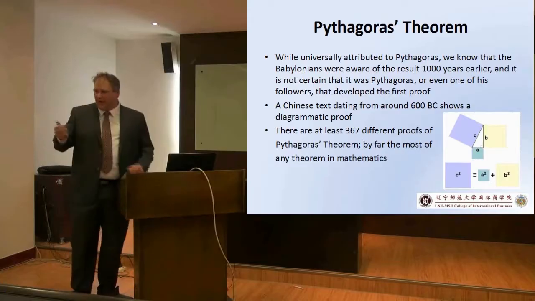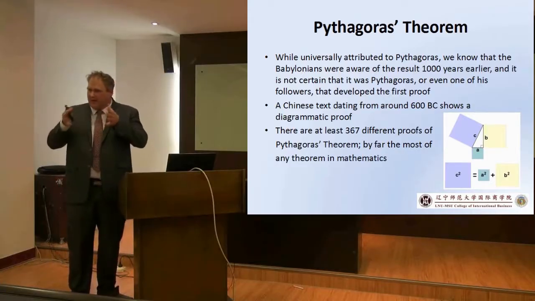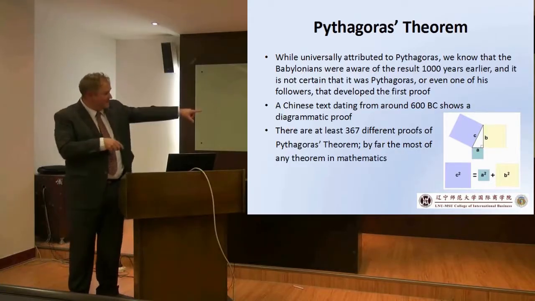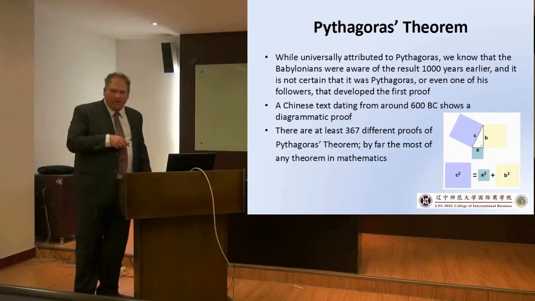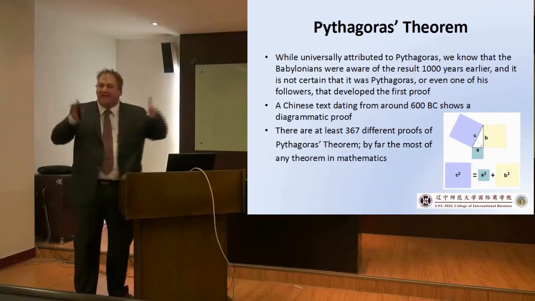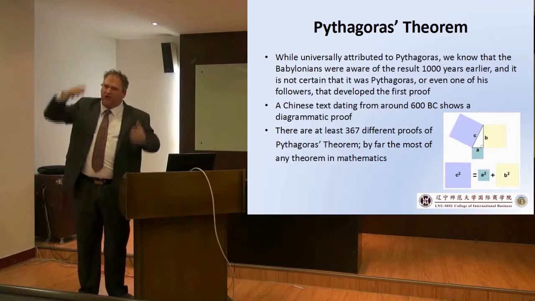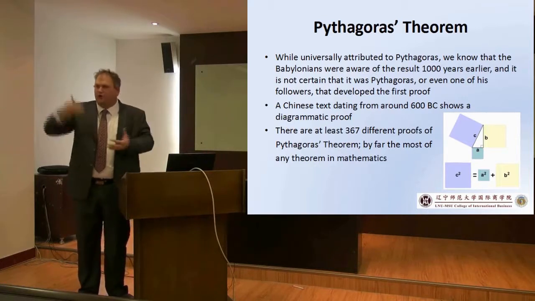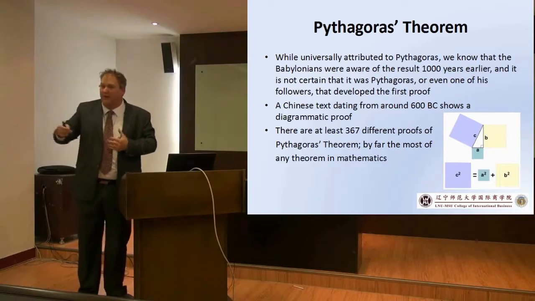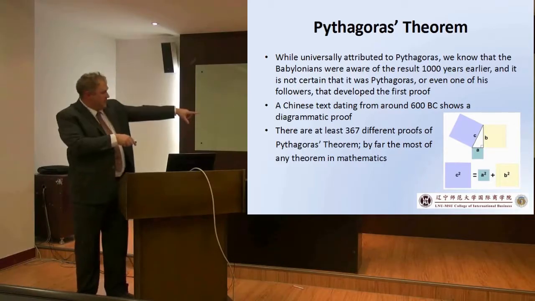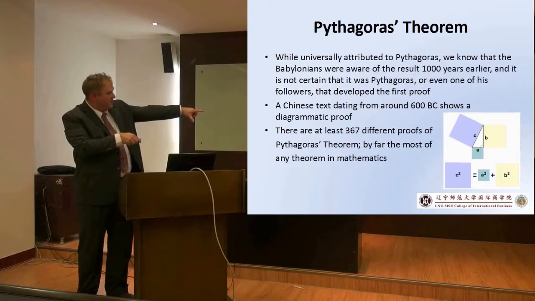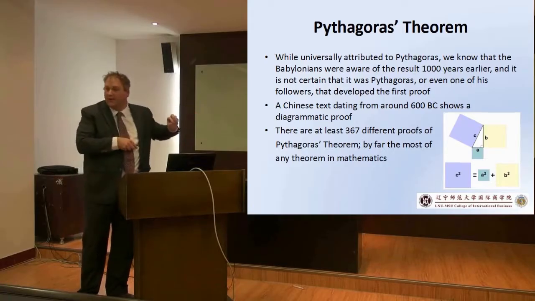It's a simple theorem, but devastating in its implications, because if you look here, what the Pythagorean theorem says is that it takes the length of a right angle triangle and translates area to length. It's an incredible thing. It's simply a squared plus b squared equals c squared, right?